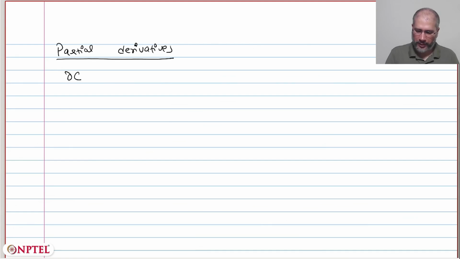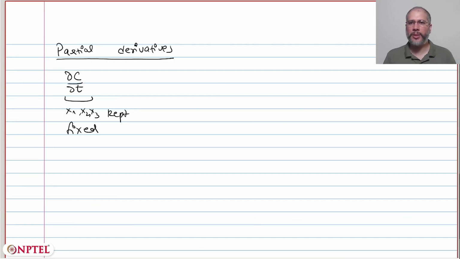So I can write del C by del t, which means that I keep x1, x2 and x3, that is the spatial dependence, kept fixed, and we only see the change in the quantity C as we change t infinitesimally. So that's the partial derivative of a quantity C with respect to time.